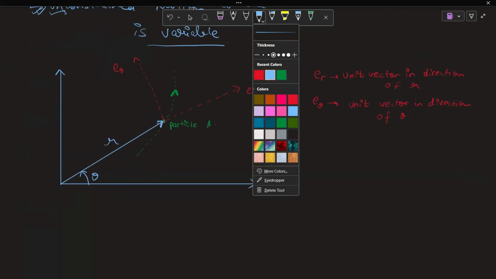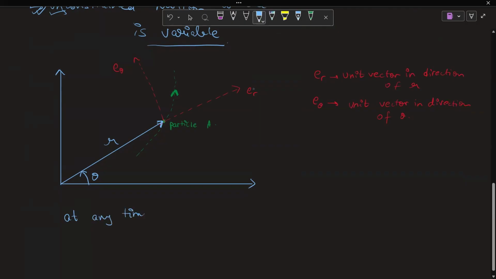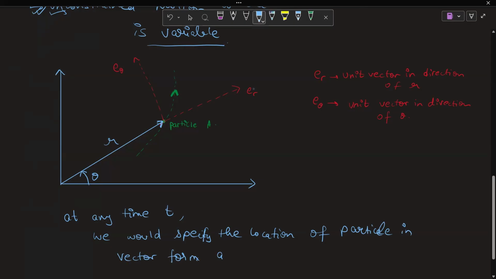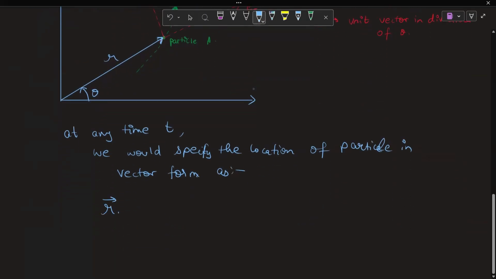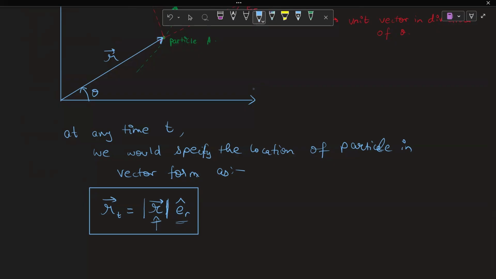So at any time t, we would specify the location of the particle in vector form as r vector at any time t is equal to the magnitude of the r vector, r, multiplied by the direction, or the unit vector in the direction of the radius vector, r vector.